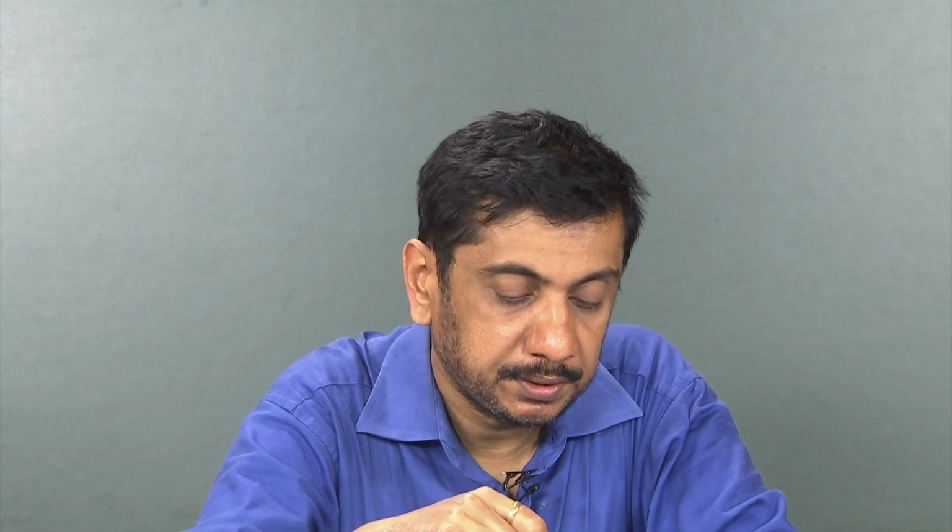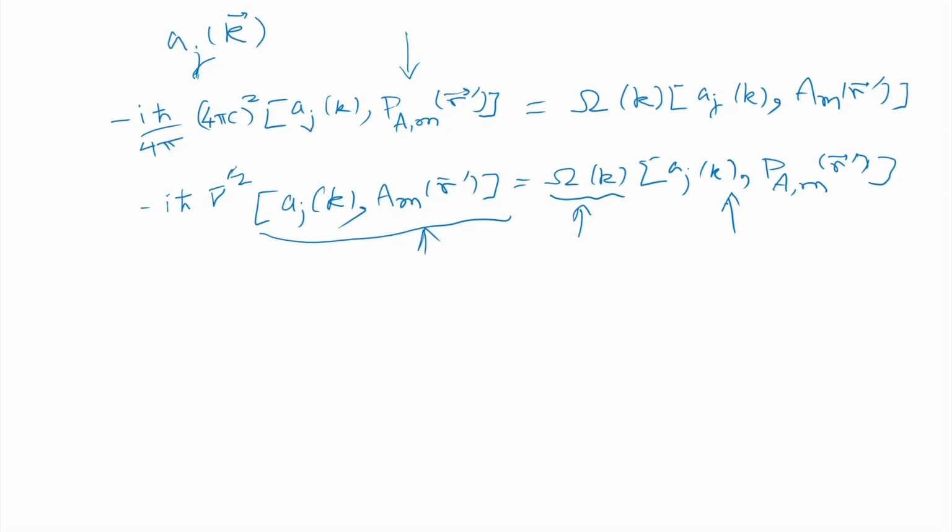The other equation relates the commutator of A with the conjugate momentum to the commutator of A with the vector potential. So they are proportional, and if you combine these two equations, you get a closed Poisson equation, which you can easily then solve.